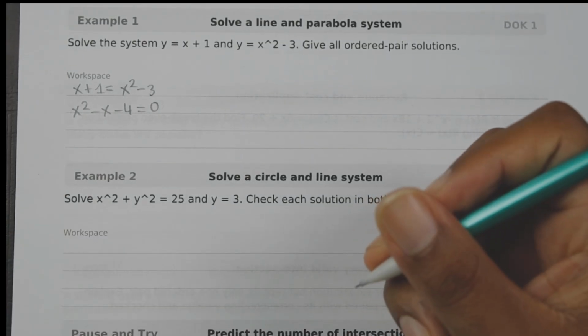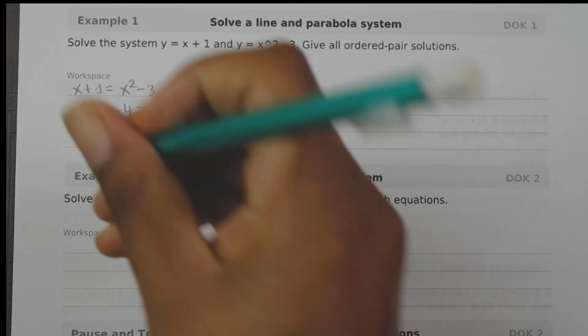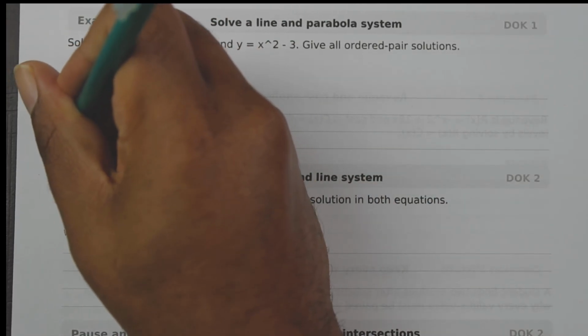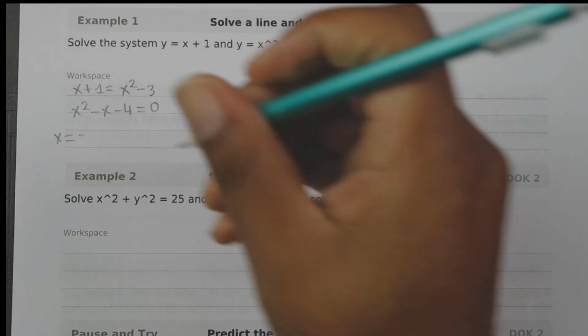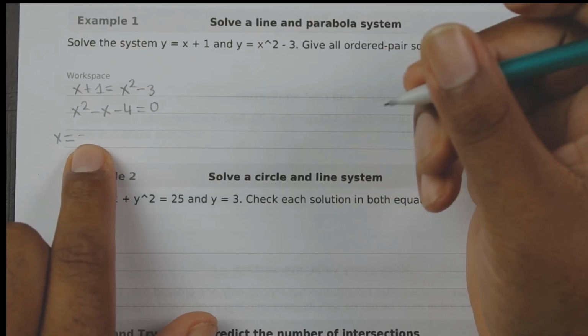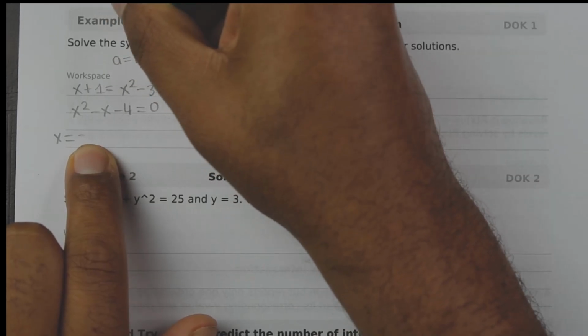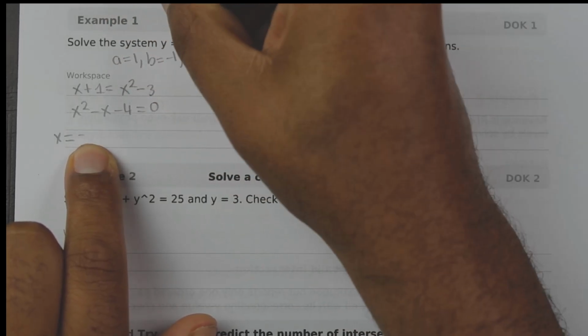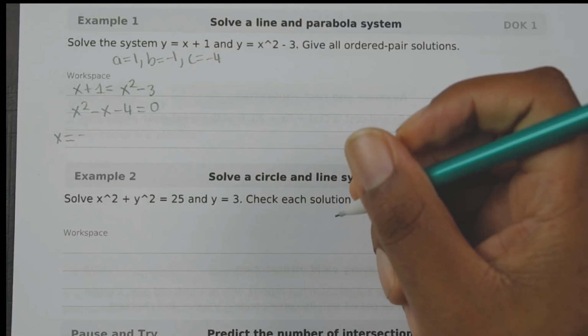Okay. Now it's important to note this quadratic does not factor using integers, so we have to use the quadratic equation. So the quadratic equation is x is equal to negative b plus or minus the square root of b squared minus 4ac, over 2a. So I'm going to go ahead and actually write these out. So a is, in this case, 1, b is equal to negative 1, and then c is equal to negative 4. So I'm going to go ahead and compute this.